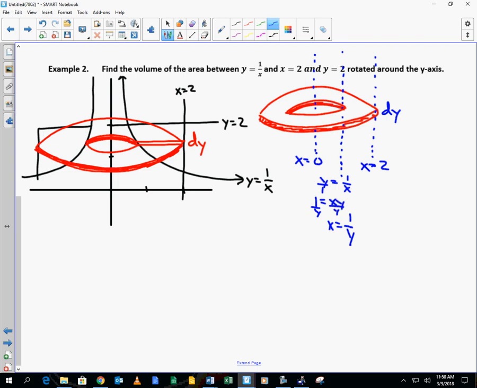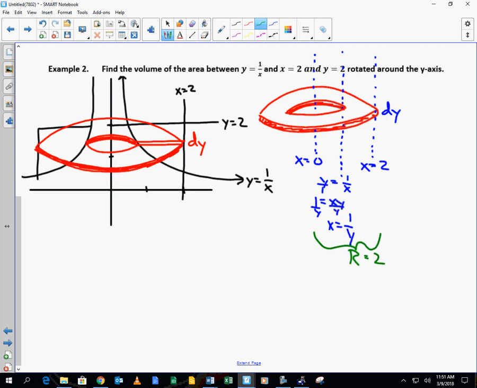So I go through my work. So what is the larger radius? Very good. Larger radius is always 2. Now you recall that instead of doing top minus bottom, we do right minus left. So that 2 minus 0 is 2.